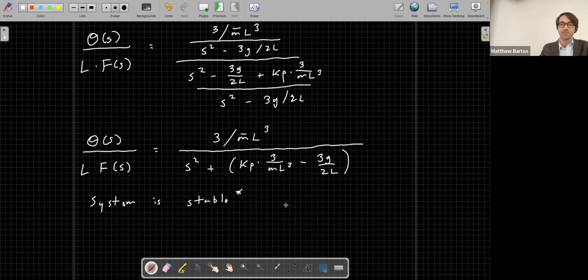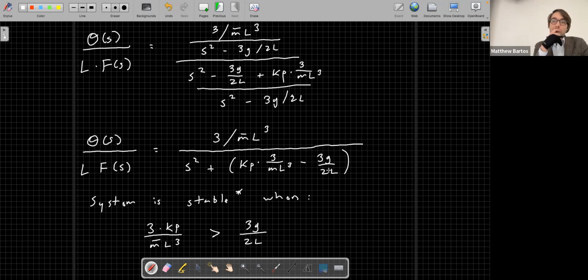Well, actually, I'll put a little asterisk there. System is stable when 3 times kp divided by m bar L cubed is greater than 3g divided by 2l. Okay, so essentially we want this quantity here to be positive.